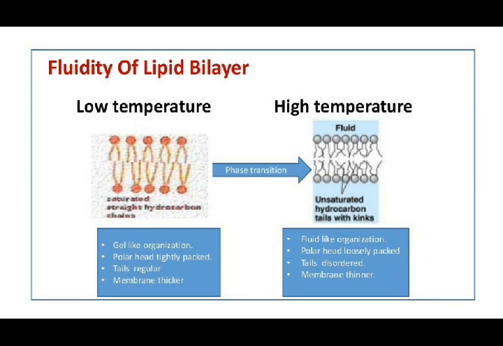Fluidity of lipid bilayer. At low temperatures it is tightly packed and the membrane is thick. At higher temperature, the polar head is loosely packed, the tail is disordered, and the membrane is thinner.